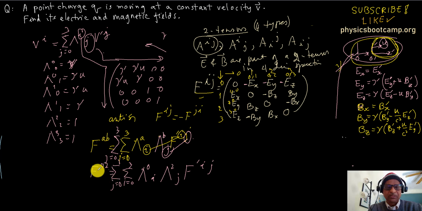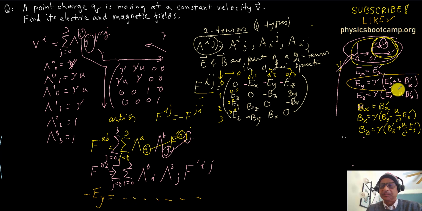So when you work it out, if you look at here, 0 2, this will be minus Ex Ey equals to... I worked this out, and this is where it will be obtained, and similarly all the other formulas will be obtained.